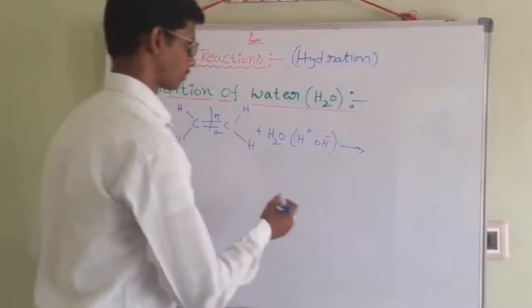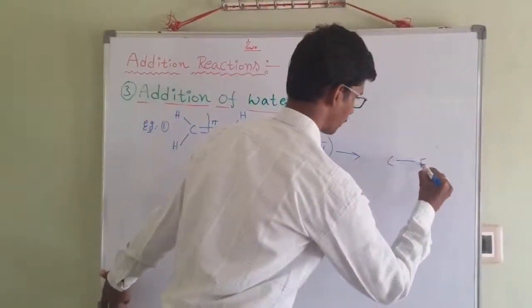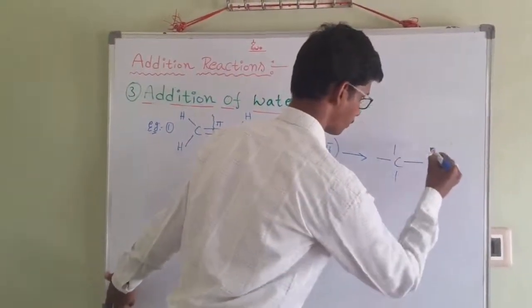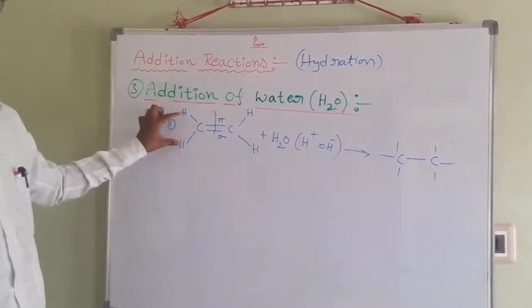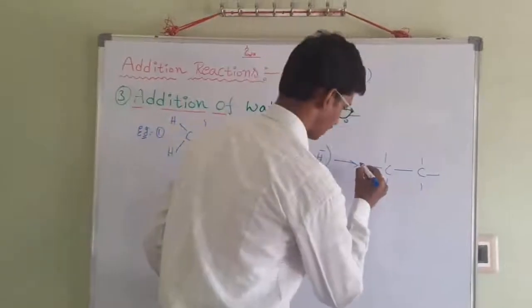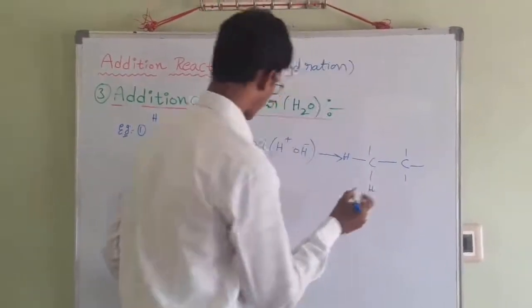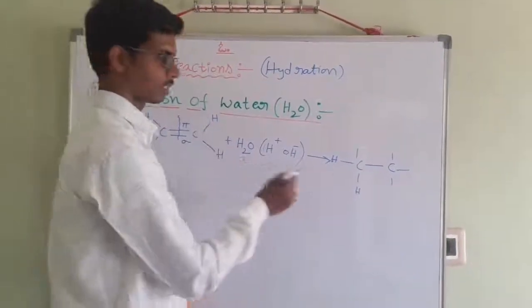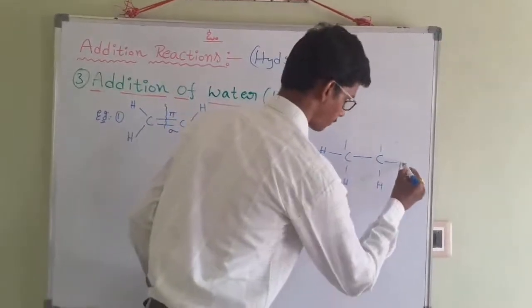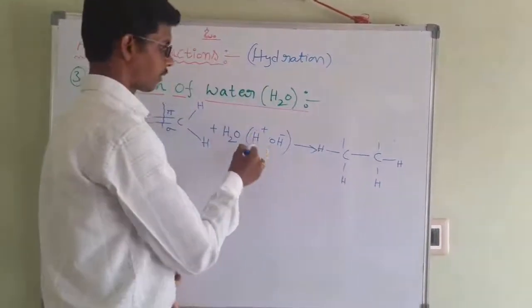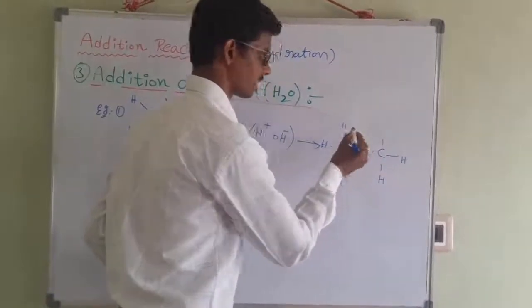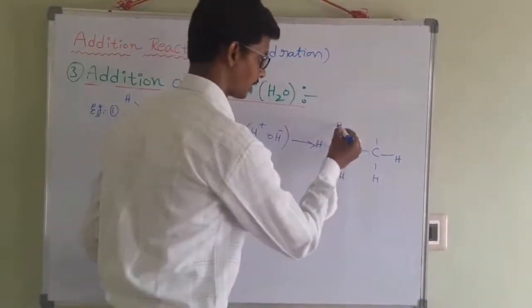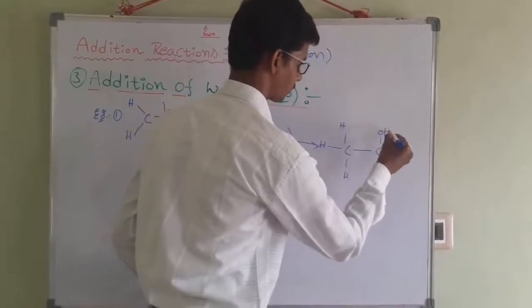What is the product? The first carbon has 2 hydrogens, and the second carbon also has 2 hydrogens. Next you add one H plus to either this carbon or this carbon, whatever it may be. Because this is a symmetrical alkene, it gives a single product with OH minus.